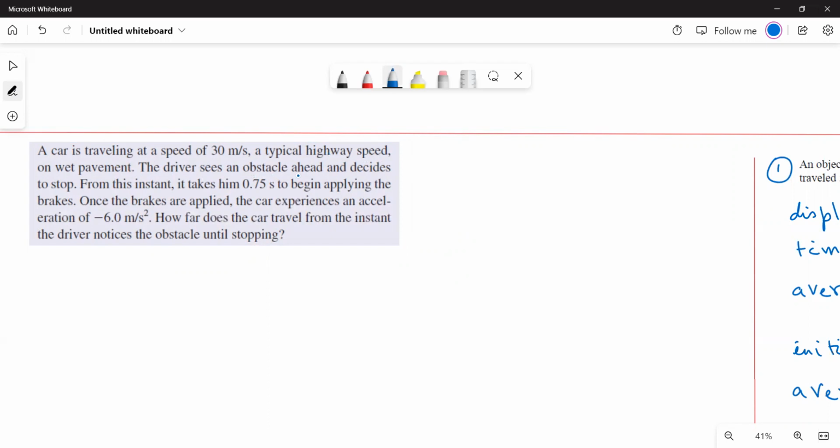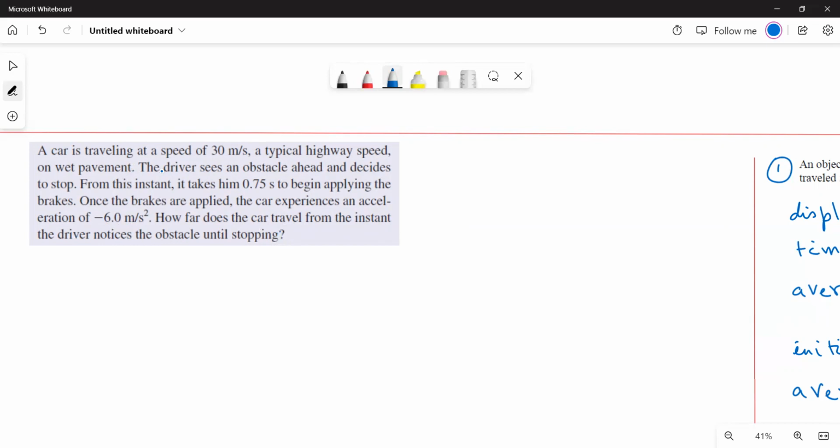The driver sees an obstacle ahead and decides to stop. From this instant, it takes him 0.75 seconds to begin applying the brakes. Once the brakes are applied, the car experiences an acceleration of -6 meters per second square. How far does the car travel from the instant the driver notices the obstacle until stopping?